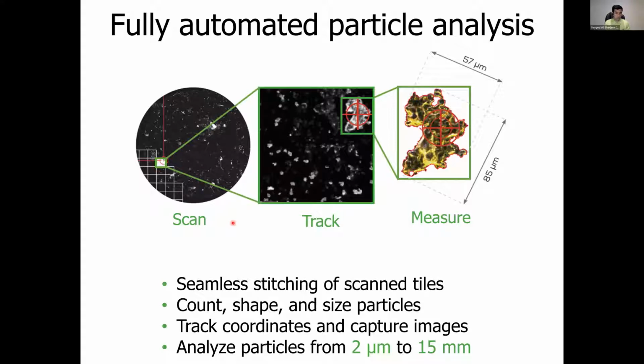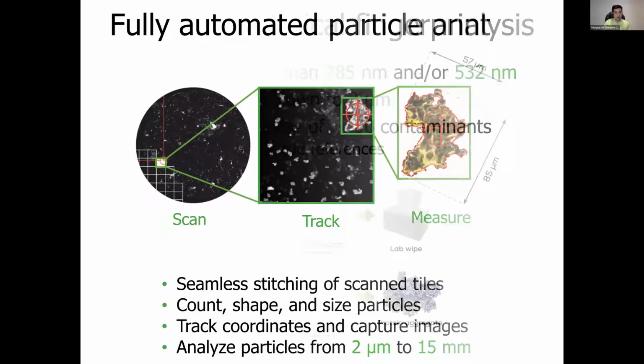The microscopy system is capable of handling any particles from 2 micrometers all the way up to 15 millimeters. So once we create this gigantic image and identify all the particles, and we know exactly where each particle is, we can identify those with one of the spectroscopy systems that are built into the Hound.